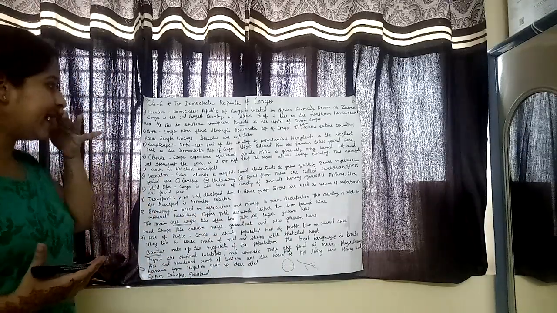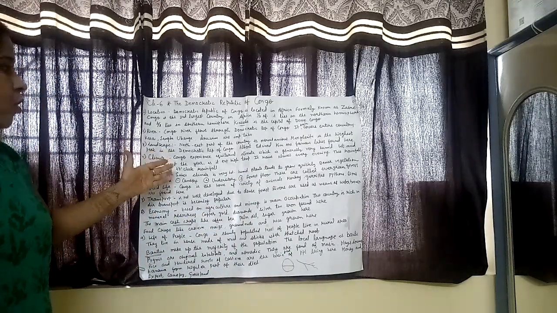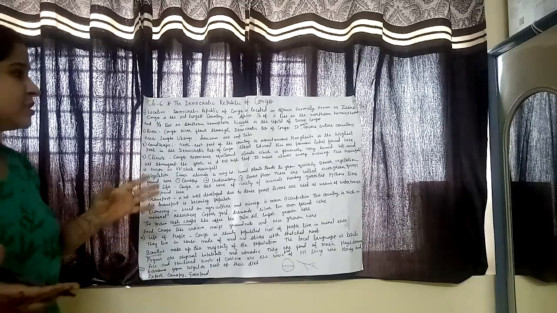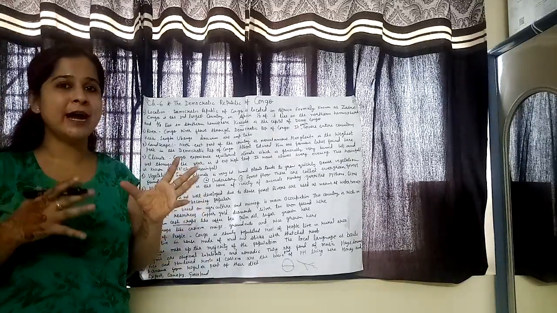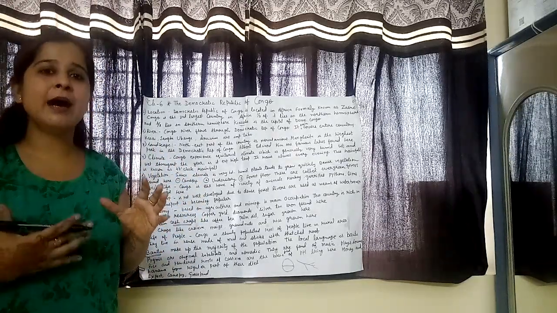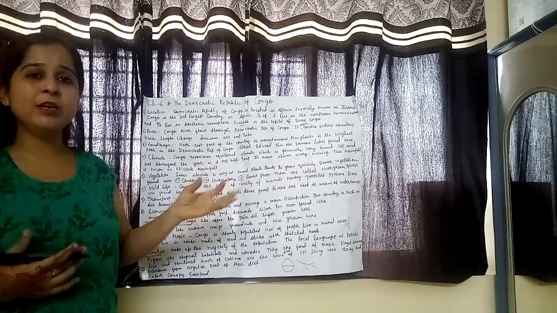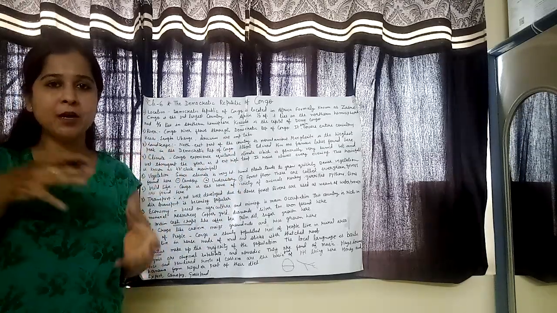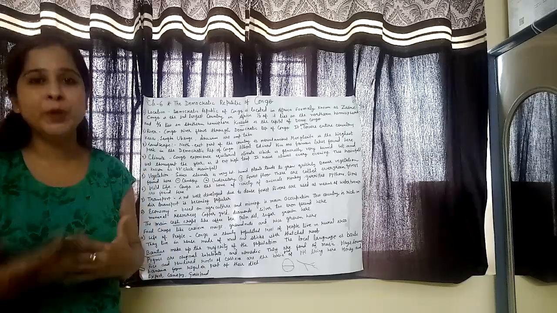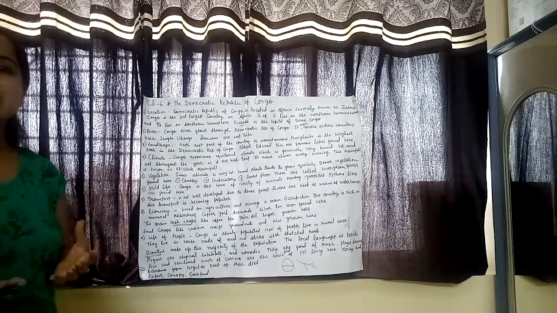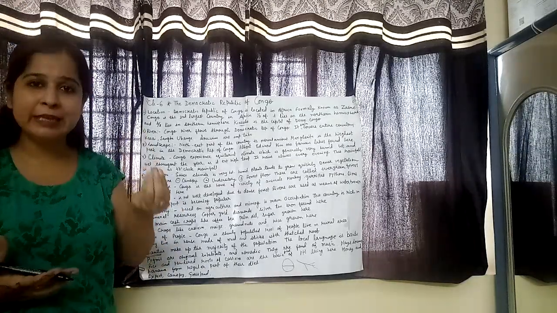So Congo experiences an equatorial climate which is generally very humid. Humid means that it has warmness and it has moisture in the air. By combining these things, it is creating humidity. The word humidity means the presence of moisture in the air.